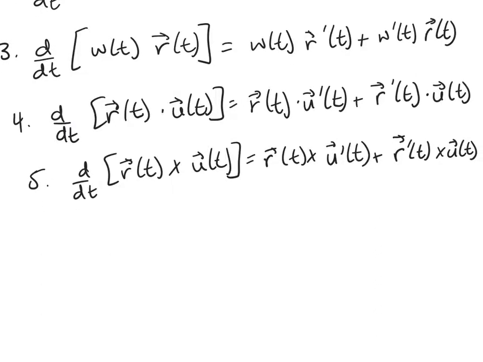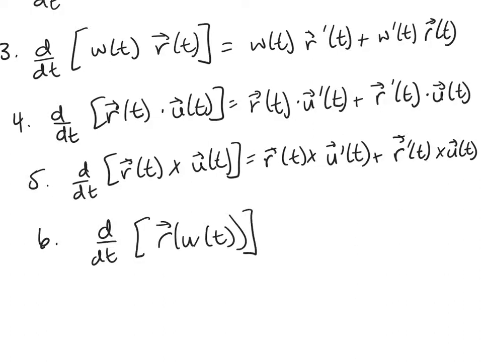Property number 6 says if you take the derivative, it's an analogous version of a chain rule: the derivative of r of w of t would be r prime of w of t times w prime.